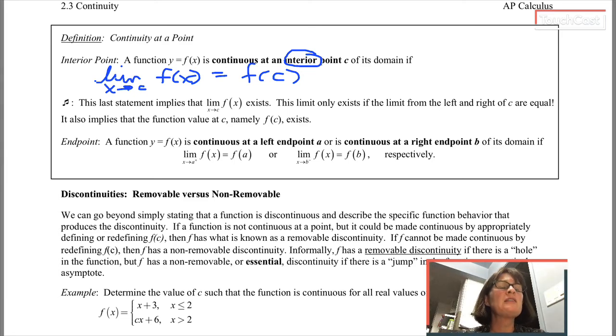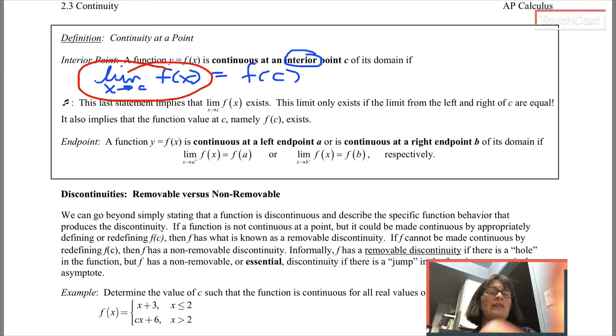So this is me saying that a function is continuous at a certain x value if the limit exists and the limit is equal to the actual function value. So the place that you were headed was the same from both sides and actually ended up being the point that got colored in. I point out here that me saying this part, the limit as x approaches c of f of x, implies that that limit exists.